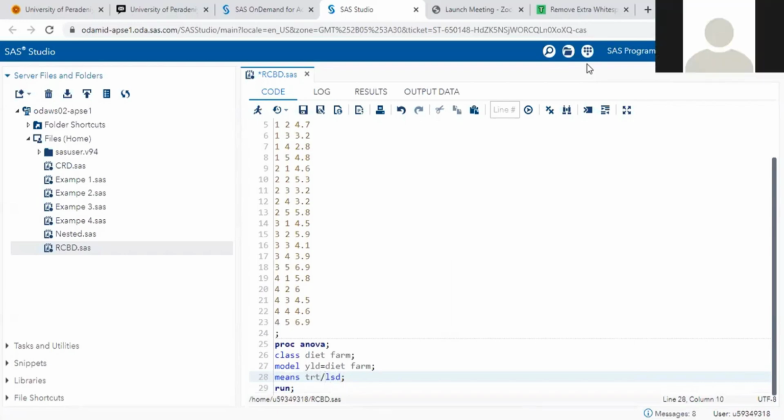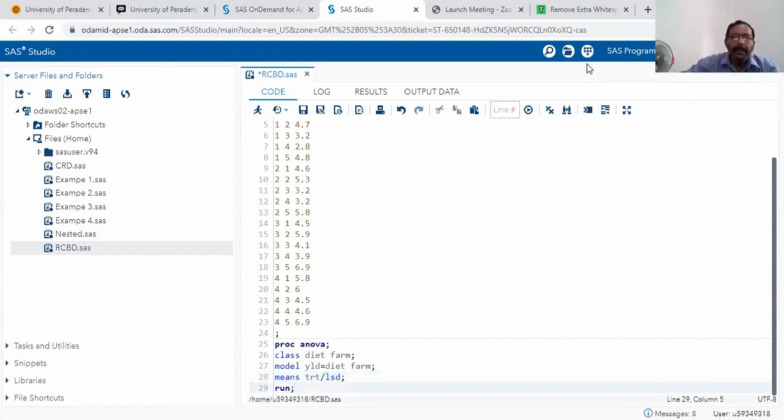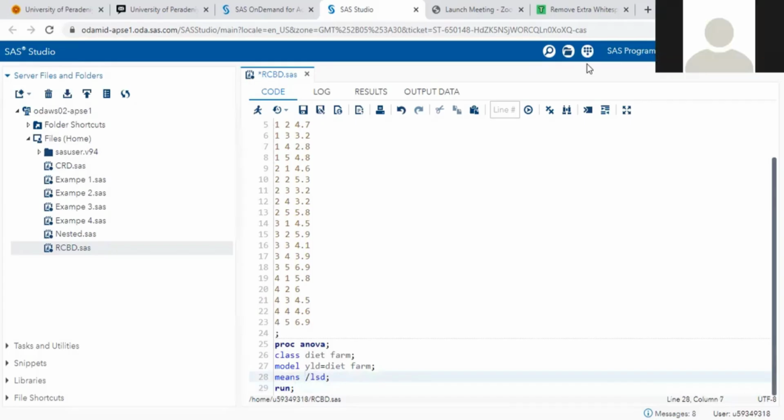Treatment and block points. The means we are going to compare are the diet means. So don't forget that: diet. Now you run.